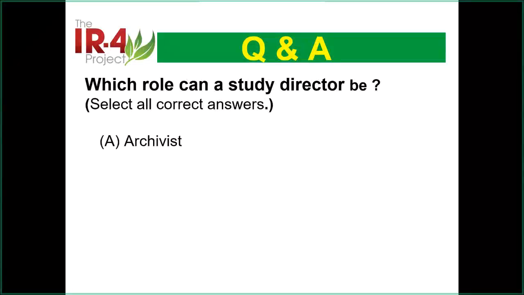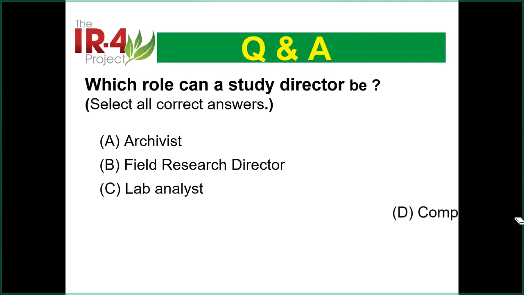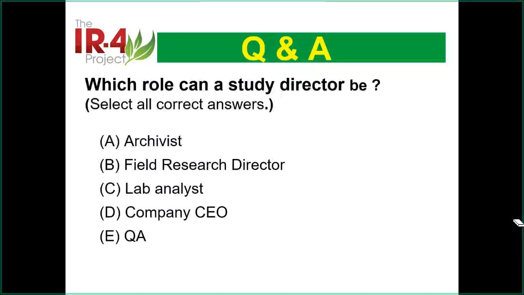So who can be the role for study director? Let's say in the study, can the study director be the archivist? Again, this is a rule, which means there are multiple correct answers. Well, we know the QA is not right.